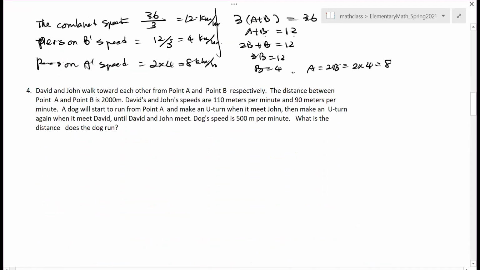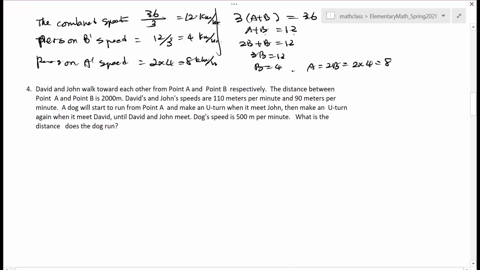All right, let's understand this problem. The question is a little bit long, but be patient to read it. David and John walk toward each other from A and B, respectively. The distance between A and B is 2,000 meters.